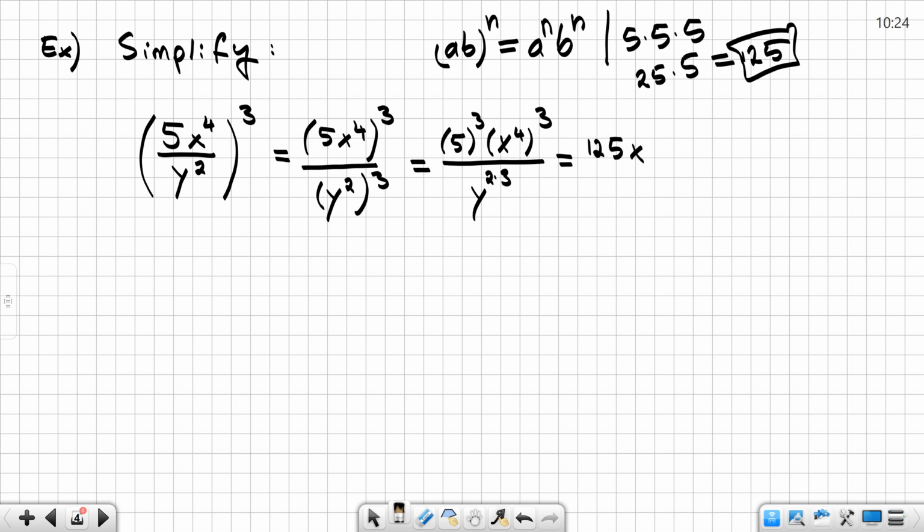I have my rule from before, 4 times 3, divided by y raised to the 6th, and I have the final result, 125 times x raised to the 12th power divided by y raised to the 6th power.